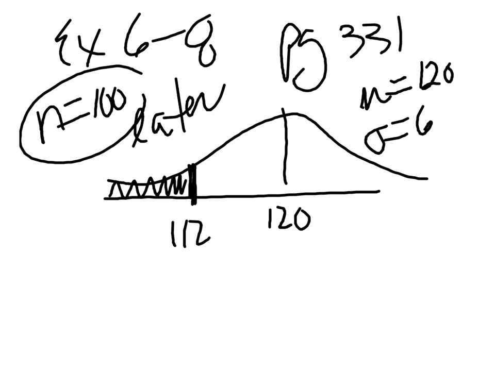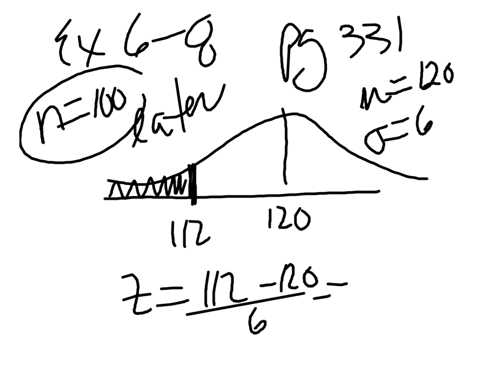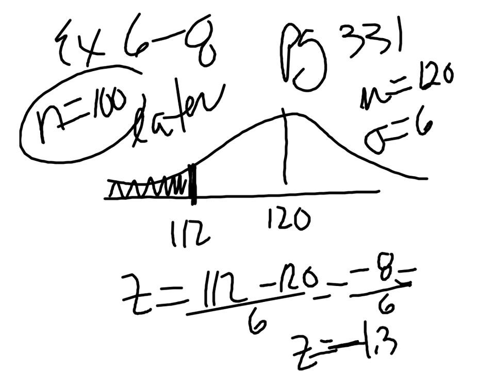So what we would need to do is find the z-value associated with 112 decibels. 112 minus 120 over 6, and that of course would be minus 8 over 6, and that would be minus 1.33. Okay, so let's change to our new situation.